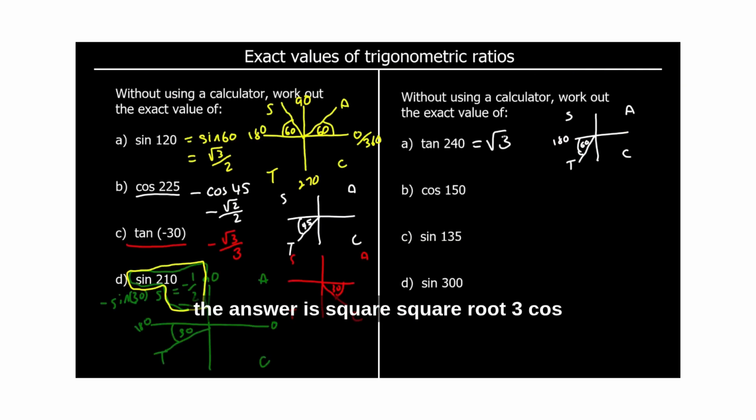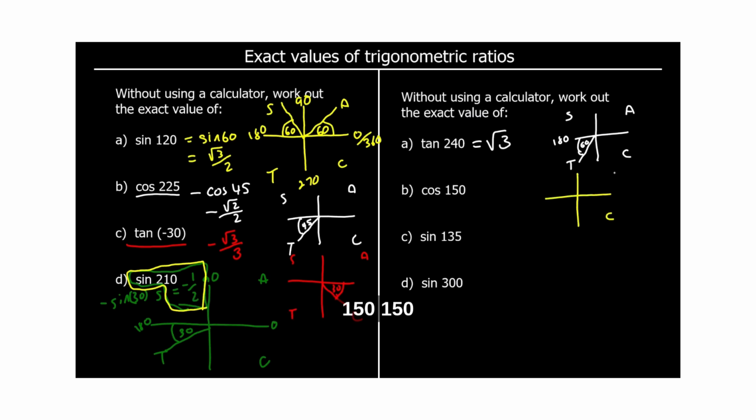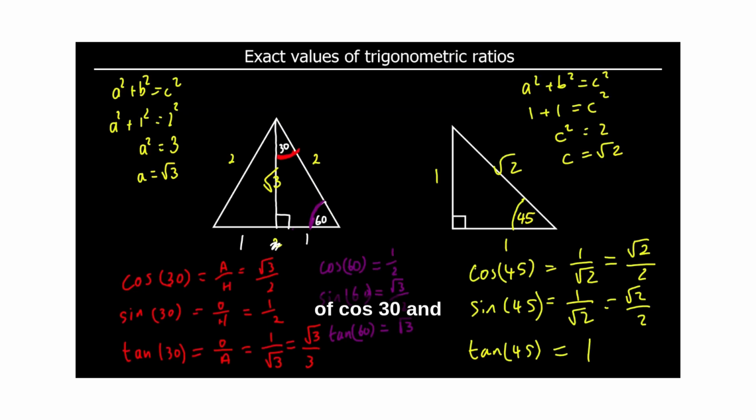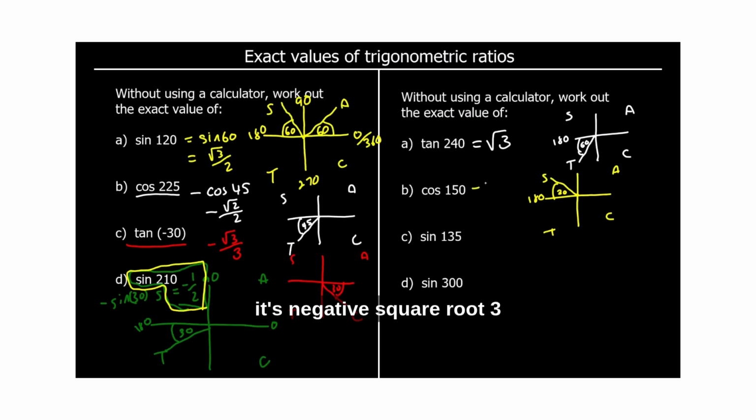So the answer, square root 3. Cos 150. 150 is 30 before the 180. Cos is negative. So it's a negative version of cos 30. And cos 30 is square root 3 over 2. So it's negative square root 3 over 2.